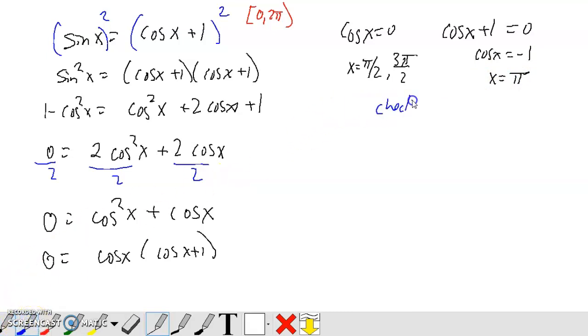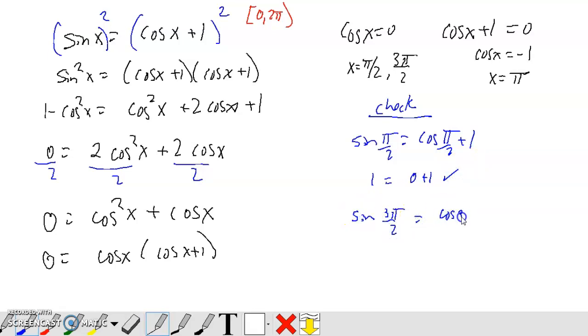So here's our quick little check. Sine of pi over 2 is equal to cosine of pi over 2 plus 1. Sine of pi over 2 is 1, and this is 0 plus 1. So that worked out. Sine of 3 pi over 2 is equal to cosine of 3 pi over 2 plus 1. -1 is equal to 0 plus 1.